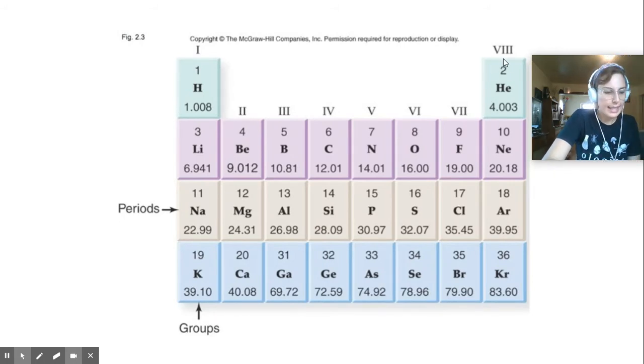We see that helium's atomic number is 2. So that means that it has what? Its mass is 4 and its atomic number is 2. So we know that it has 2 protons and 2 neutrons.